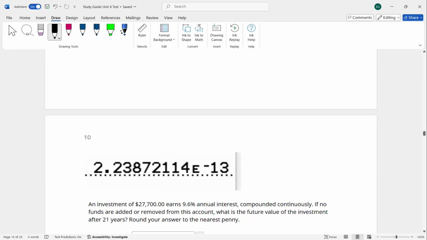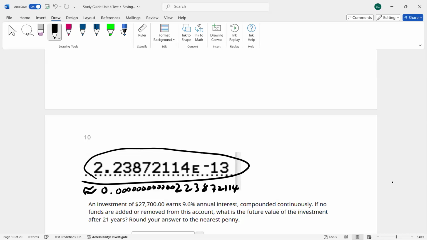What does this mean? This means the result is a 0 point, we're going to have 12 zeros, then 2, 2, 3, 8, 7, 2, 1, 1, 4, and so on. And the system doesn't want you to enter something like that. So it says, keep this scientific notation.